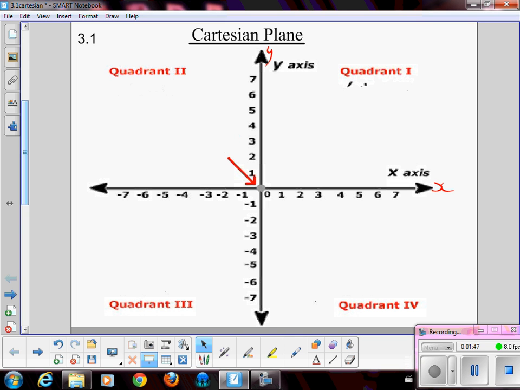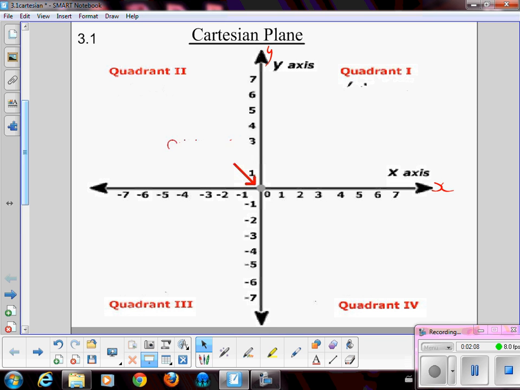When we're talking about quadrants, I have 1, 2, 3, and 4. However, they've used Roman numerals for that. If you don't know Roman numerals, you'll know a few of them by the time we're finished here. Another thing we want to talk about is where the axes intersect.